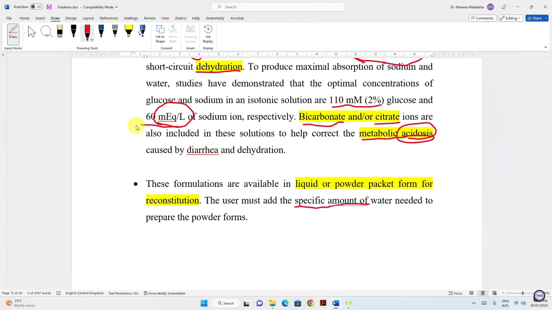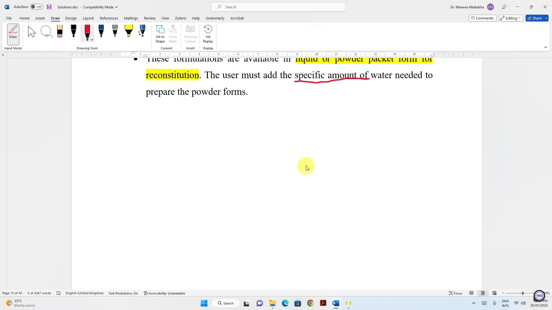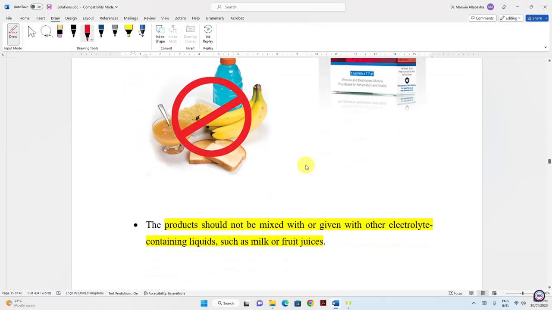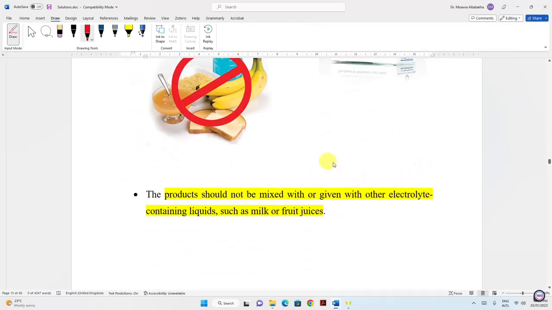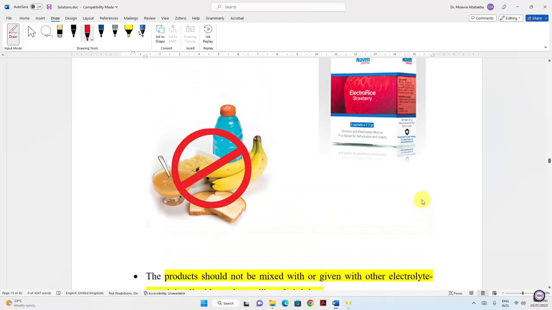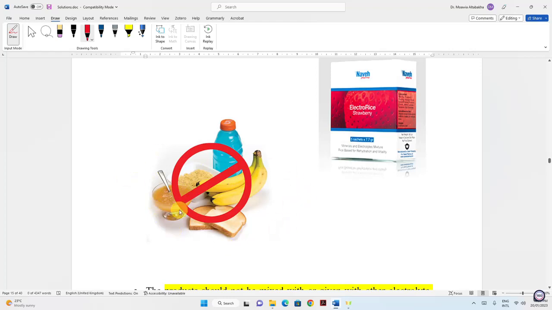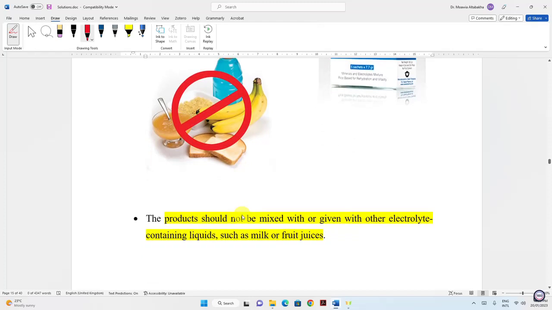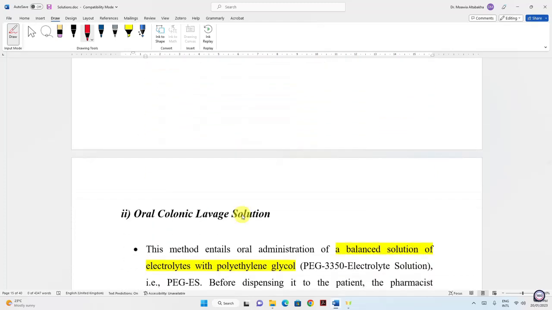The osmolarity will change, and osmolarity is very important in this case, because it can make diarrhea worse if you change the concentration. That's why you need to stick to the concentration, and that's why you should not eat and drink juices while taking the oral rehydration solution, because they can change osmolarity. Okay, so you should not eat or drink when you want to take the solution, otherwise you'll spoil everything.